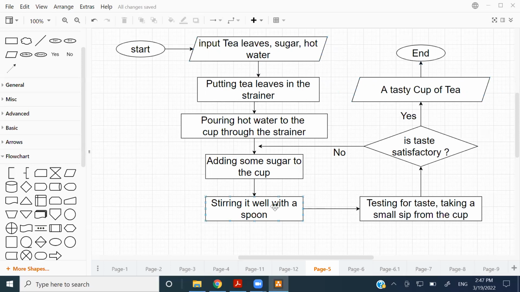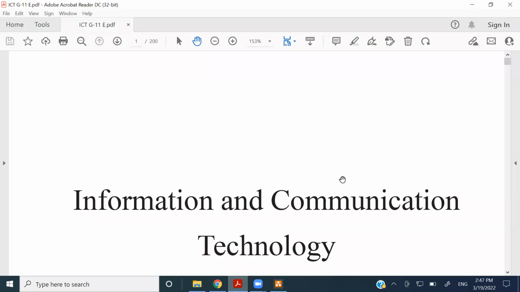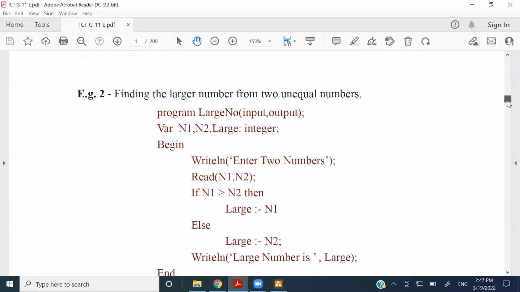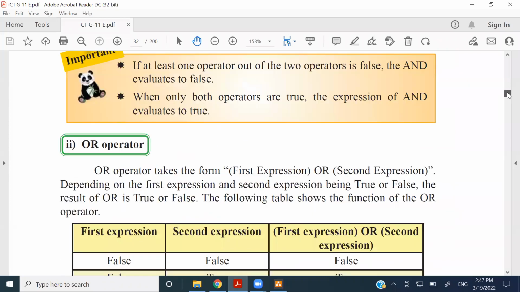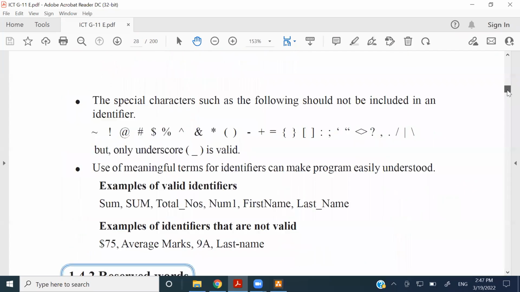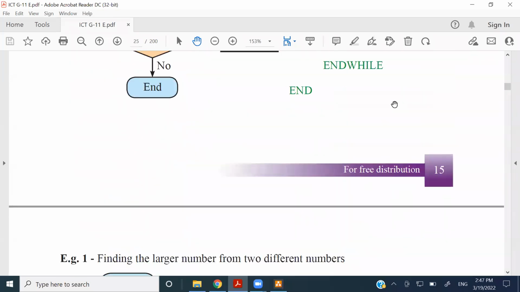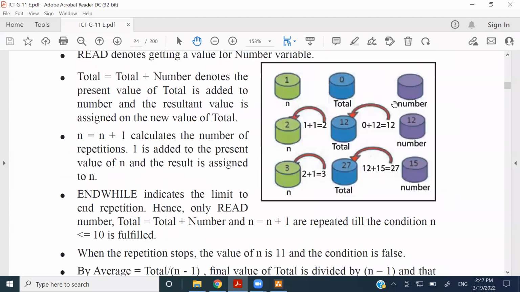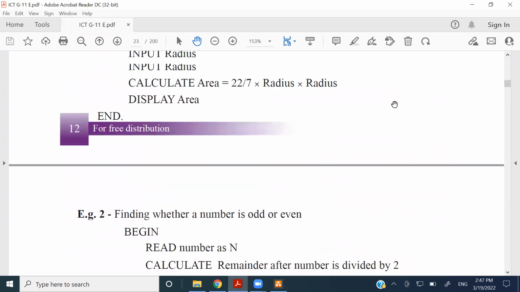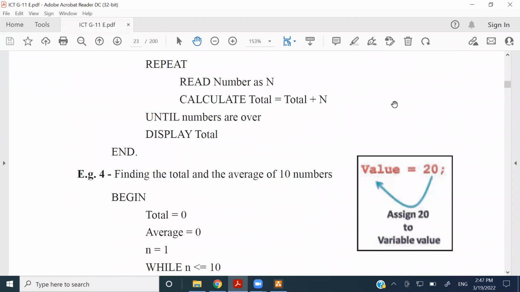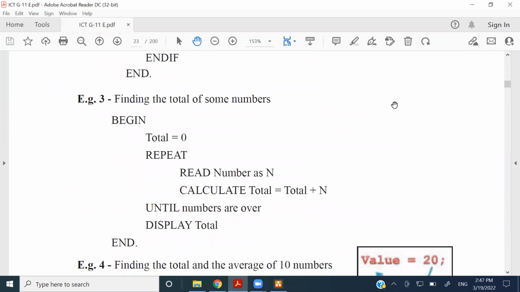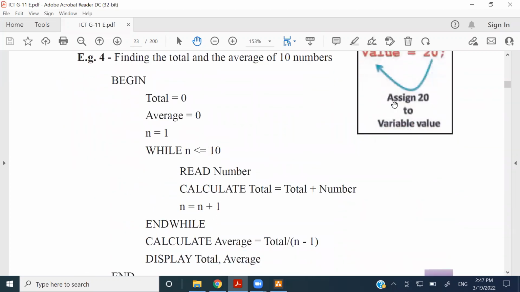Okay, now I want you to concentrate on page number 12, as I guess. Yeah, go to page number 12 in your textbook. Rather, 13. On page 13, example number 3 and 4. Right, go through it.